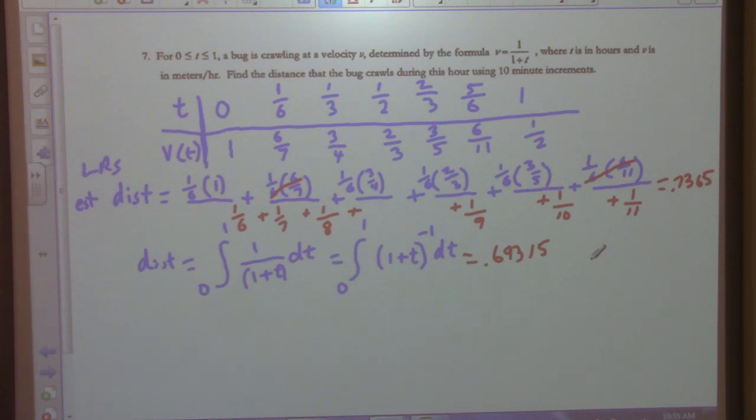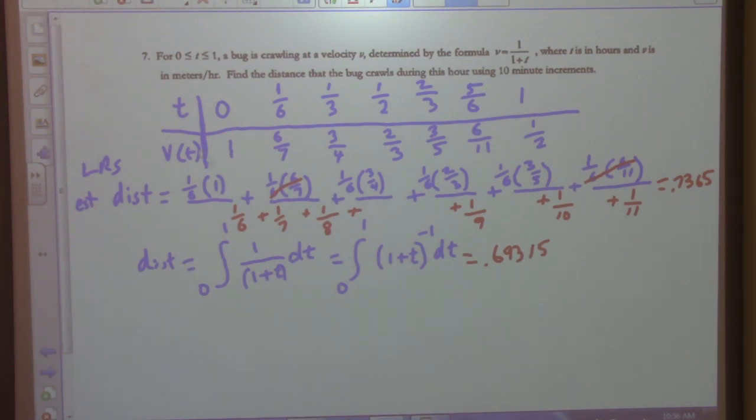Another thing is the rectangles are going to be higher when you go to the left. See, these are decreasing, so if you use the left Riemann sum, your rectangles are going to be bigger. That's why you get a higher value here than the green. This right here is the real value from the calculator.